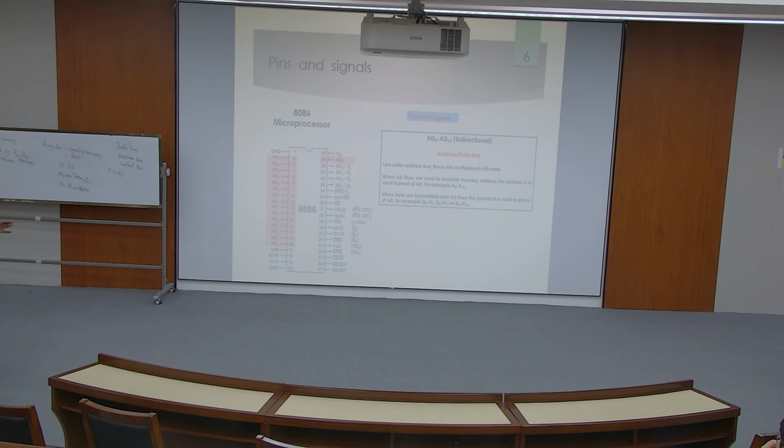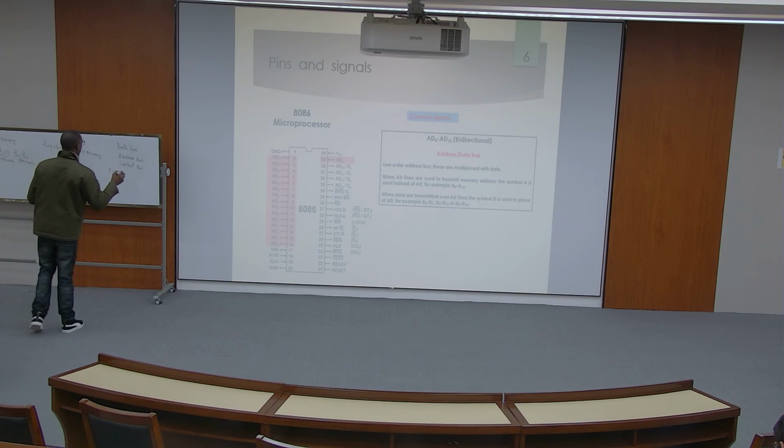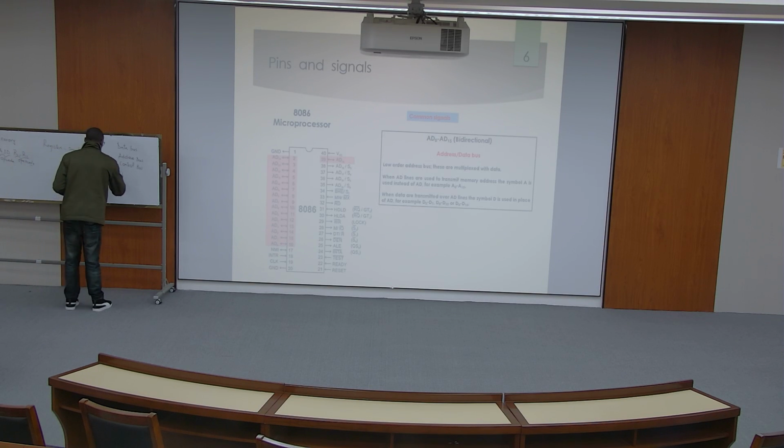When these AD lines are used to transmit memory addresses, the symbol A is used instead of AD. So when it has to transmit a memory address, we use A instead of D, A0 to A15.